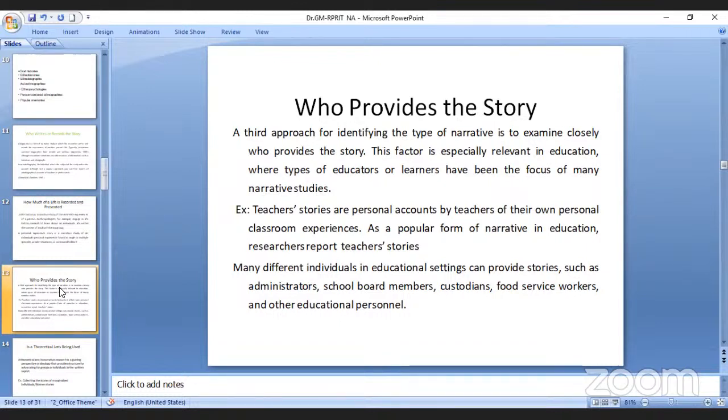Then custodians. Sometimes children will stay with custodians, the relatives. Then food service workers. For midday meals, the worker will provide food service to the students. Then other educational personnel. So in education, you may find different narratives from administrators, school board members, custodians, food service workers, and other educational personnel.